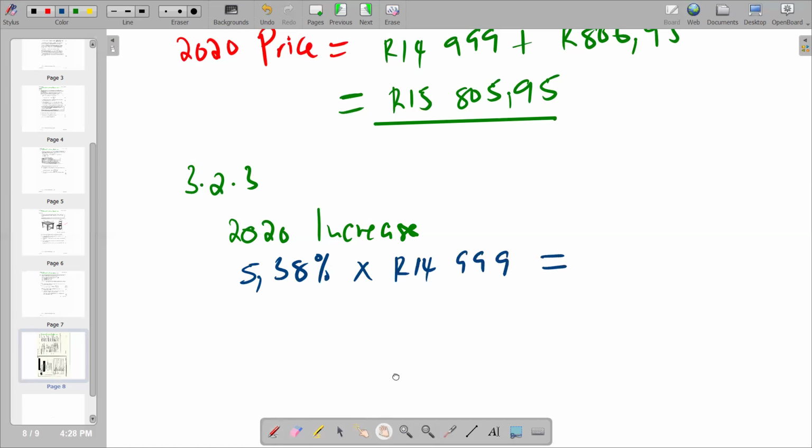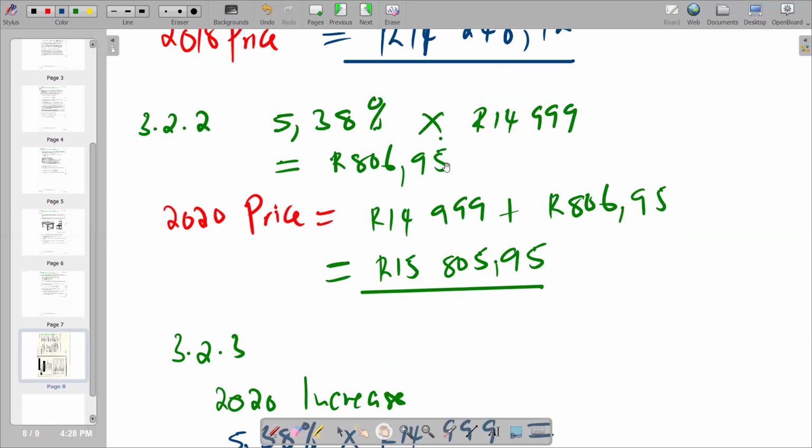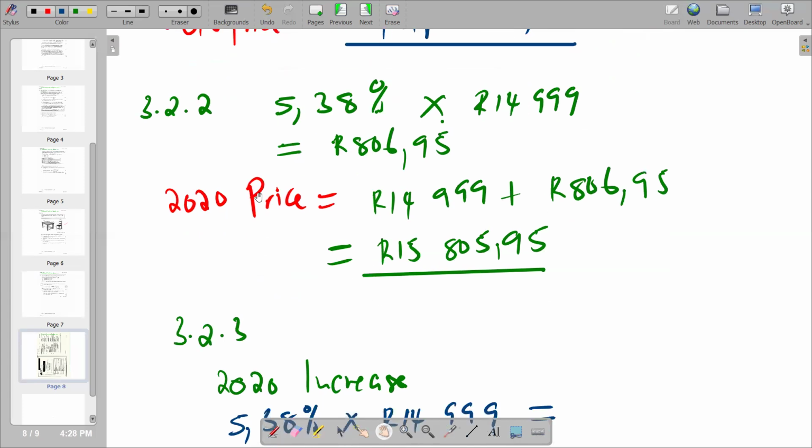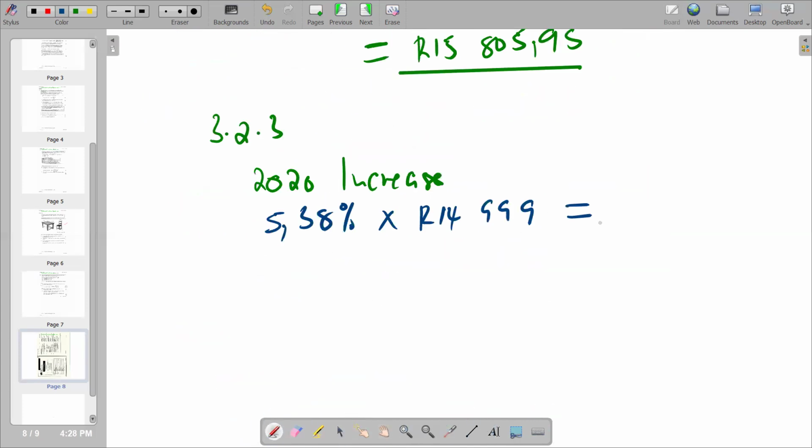And then, of course, this is the same as we calculated here, and we got 806 rands 95 cents.